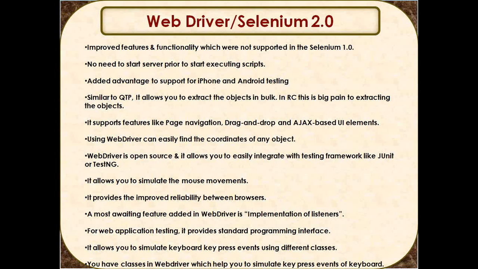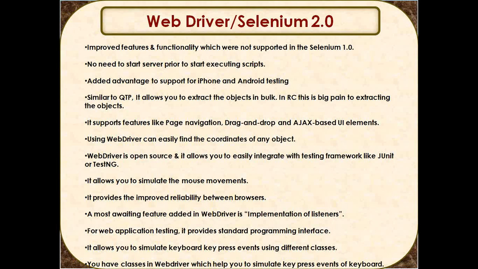Similar to QTP, it allows you to extract the objects in bulk. Let's assume you want to get how many links are available in a web page. That is very easy in Selenium WebDriver. You can get the number of links or the number of text boxes available in a web page very easily.